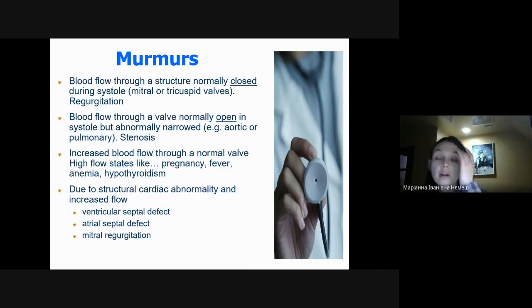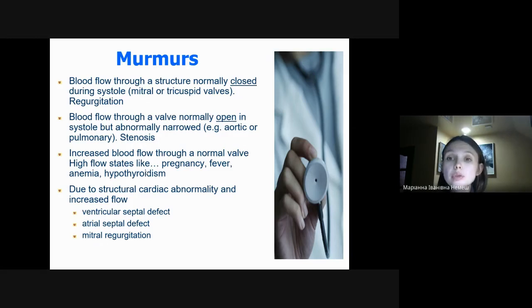Beside abnormal S1 and S2, the most pathological variant is the appearance of murmurs, which mainly happen due to insufficiency of the valves, which will lead to regurgitation, meaning the backflow of the blood, or due to stenosis, when the valves become narrowed, and as a result, ventricles or atriums require a lot of force and energy to pump blood against the stenotic valves.